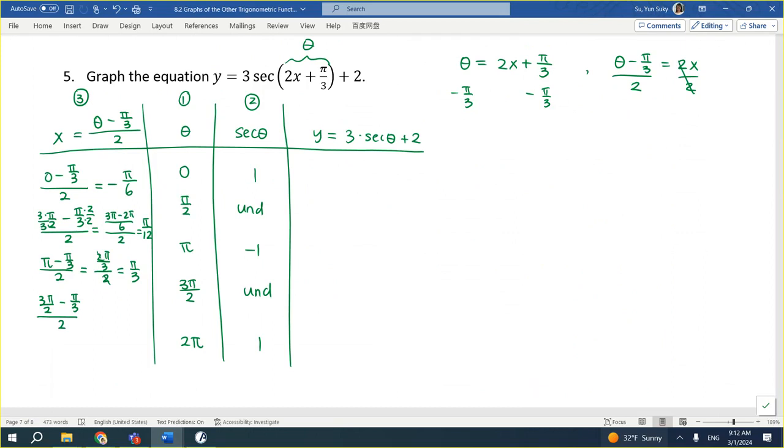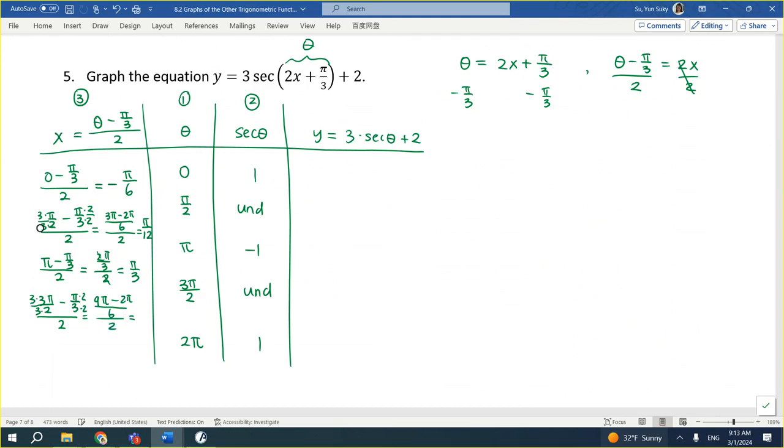So we are using this formula, and we plug in different values of theta. Okay, let's look at this. Common denominator is 6. So we multiply by 3, we get 9 pi over 6 minus 2 pi over 6, and then over 2.